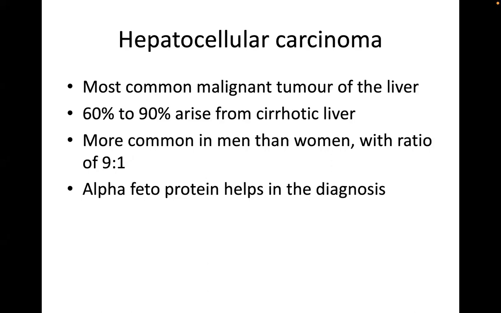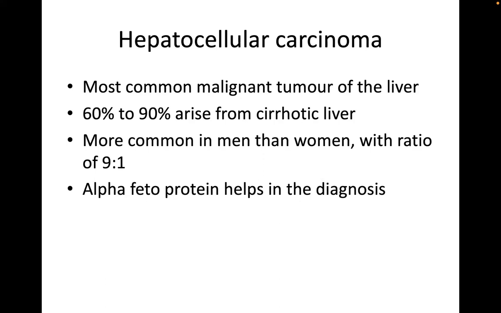That's why when patients have liver cirrhosis, they are followed up with ultrasound imaging to see if they develop lesions. Almost all the time when they develop new lesions, this will most likely be HCC. It's more common in men than women, with a ratio of 9:1.